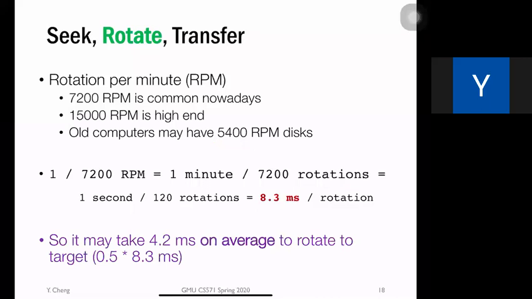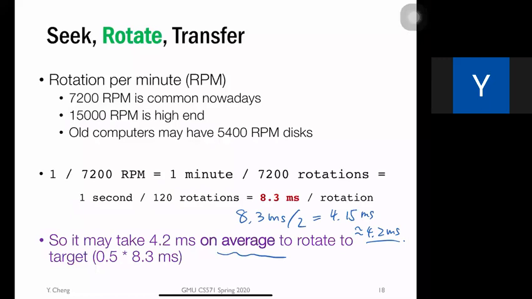We need to cut it in half, basically, dividing this 8.3 milliseconds by 2, which gives you roughly 4.15 milliseconds, or 4.2 milliseconds. So this is a statistical result, an average result.